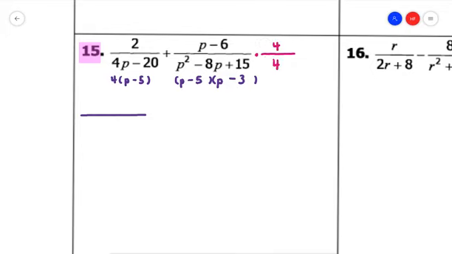So we'll multiply by 4 on top and on bottom. And then on the left side, we only have 4 and p minus 5. I need the p minus 3. So if I multiply everything by each other on the bottom, I end up with 4 times p minus 5 times p minus 3. And then on the top, we're going to have two different ones.